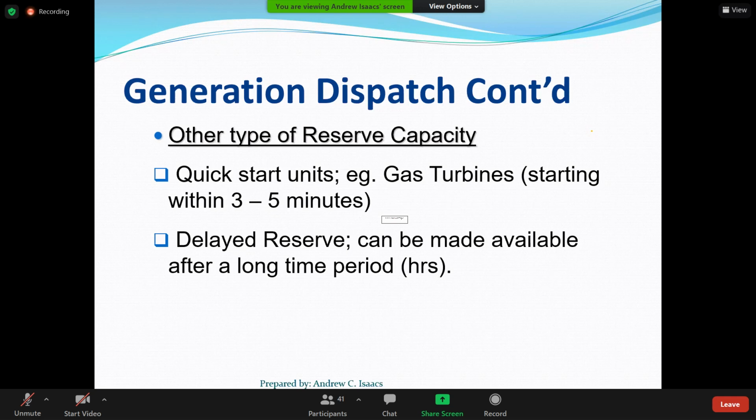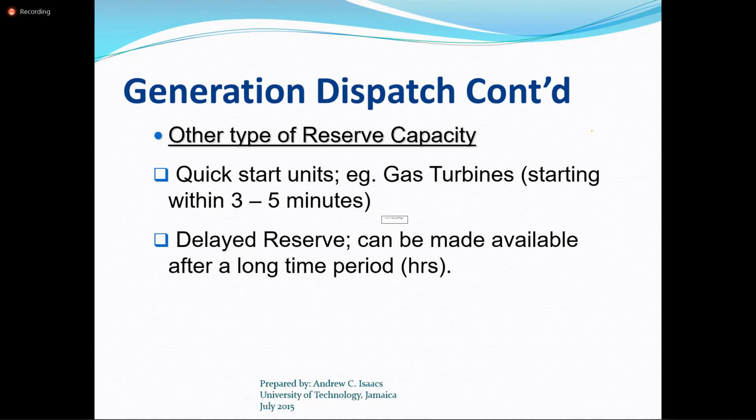All right. Now, in terms of overloads, what you're going to find happening is that if you get to a point where the system becomes overloaded, yes. Let me back up a bit.